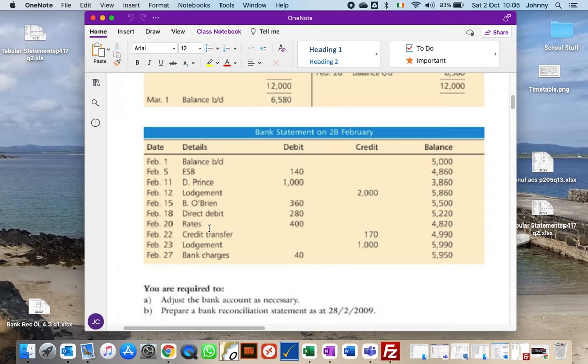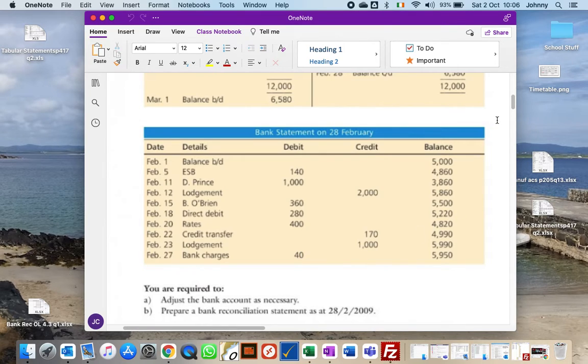Rates is a bill that we paid, a tax bill to the government. A credit transfer is when you transfer money or put money into somebody else's account. In this case, it's on the credit column, so that means the money came into my account rather than me transferring it to a different person's account. And then the bank charged me money for the use of my funds. So that's what a bank statement shows.